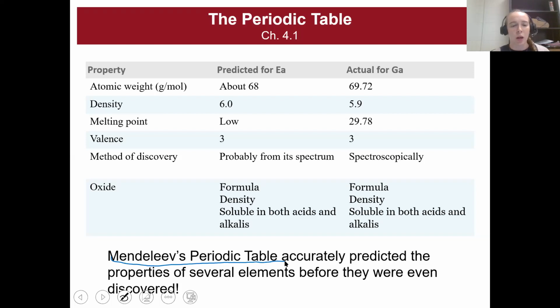For example, when he got to tellurium, that's in your textbook, they discuss this a little more. Tellurium had an atomic mass that was higher than what he expected based on its properties. Same thing went for argon and potassium.